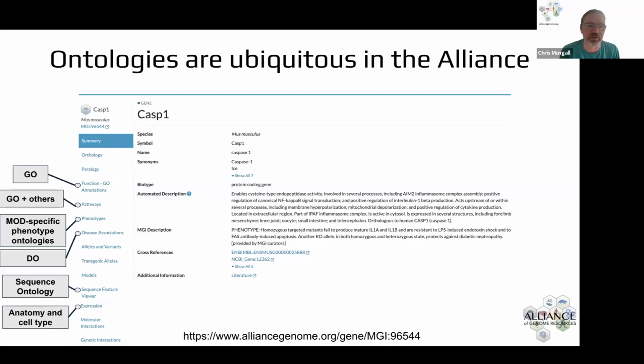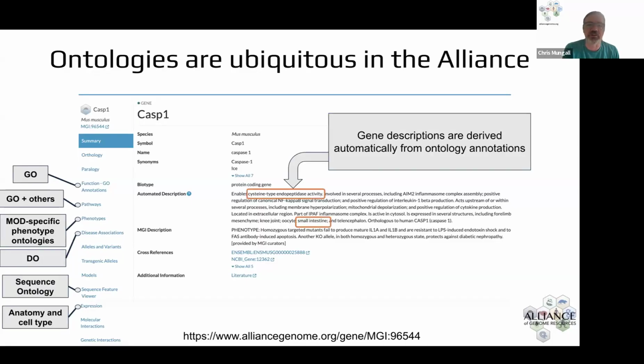So function using GO, for example, fairly obviously, but maybe other aspects as well, like where the gene is expressed, might make use of a different ontology from GO. And you may not be aware, but there are also automated gene descriptions in the Alliance. The ontology annotations are actually used here, and they're used algorithmically to generate a nice natural language description of different aspects of that gene.